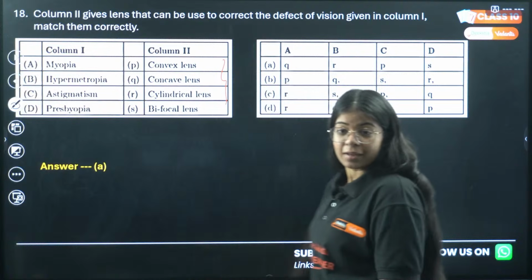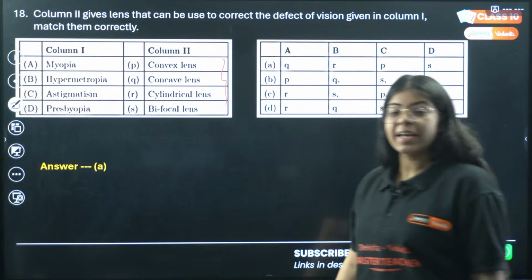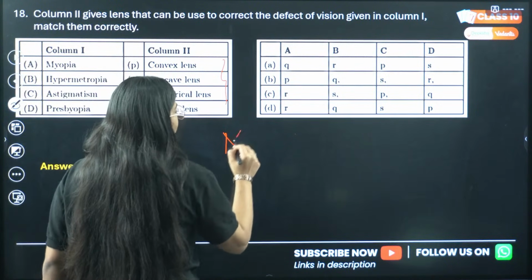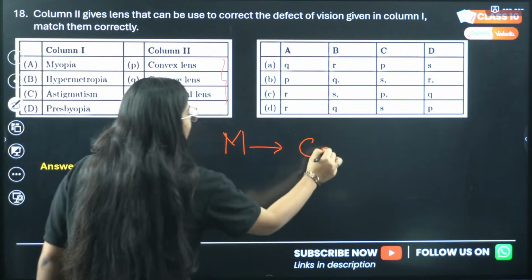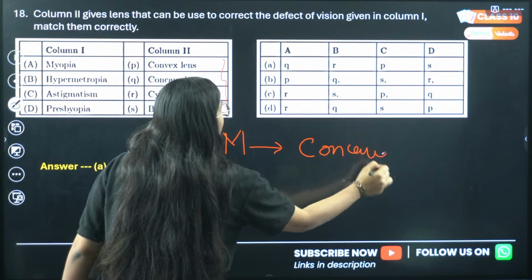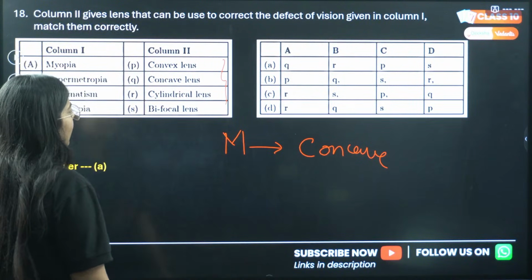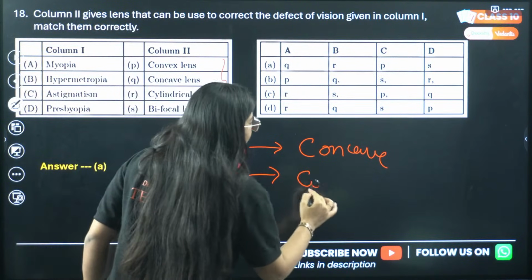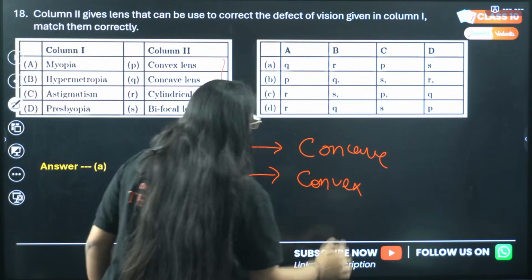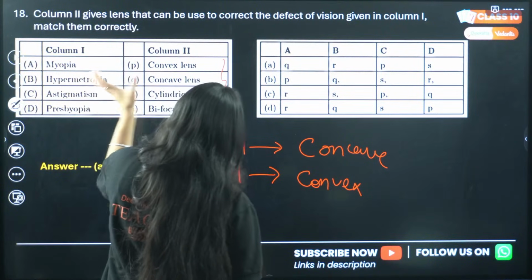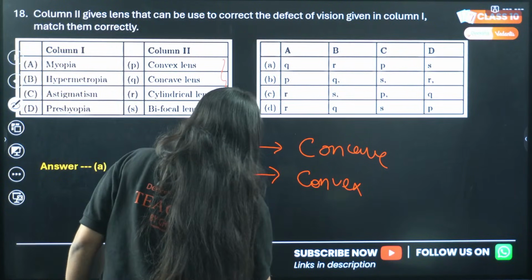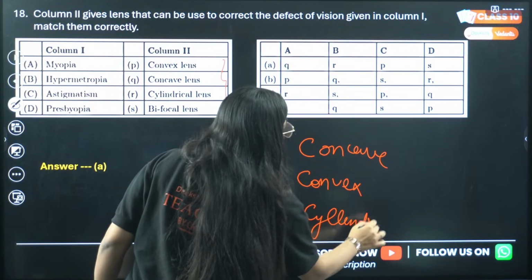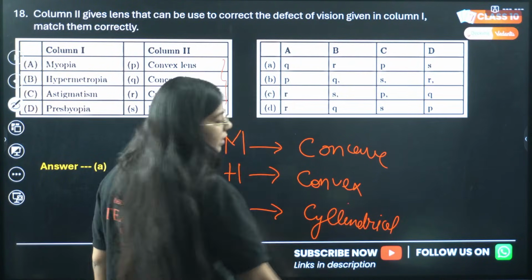It's actually A. And you know, it's very easy. Let's see. We know that for myopia, we use concave lens. Correct? Then for hypermetropia, we use convex lens. Astigmatism is basically corrected with a cylindrical lens. You can remember this. Earlier it used to be in our syllabus when I studied in 10th.